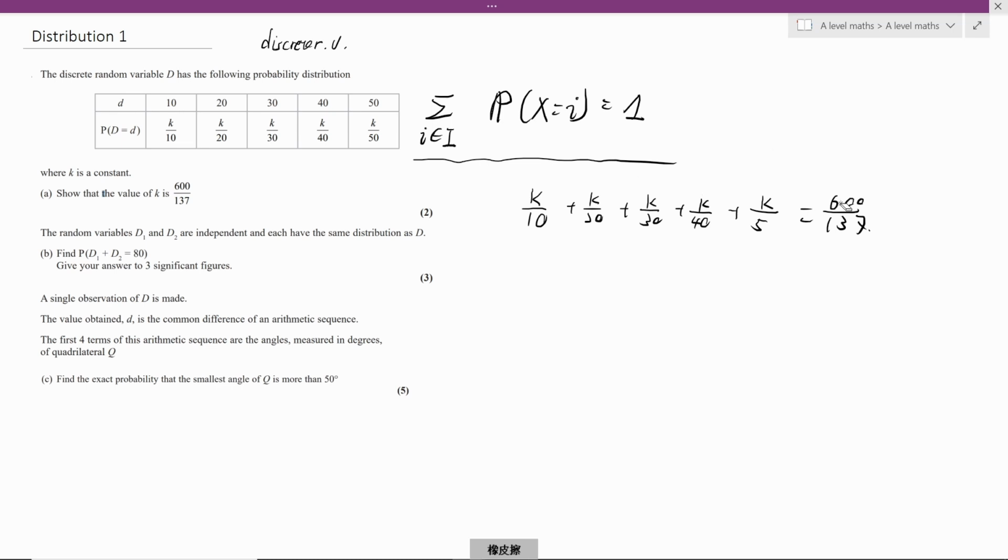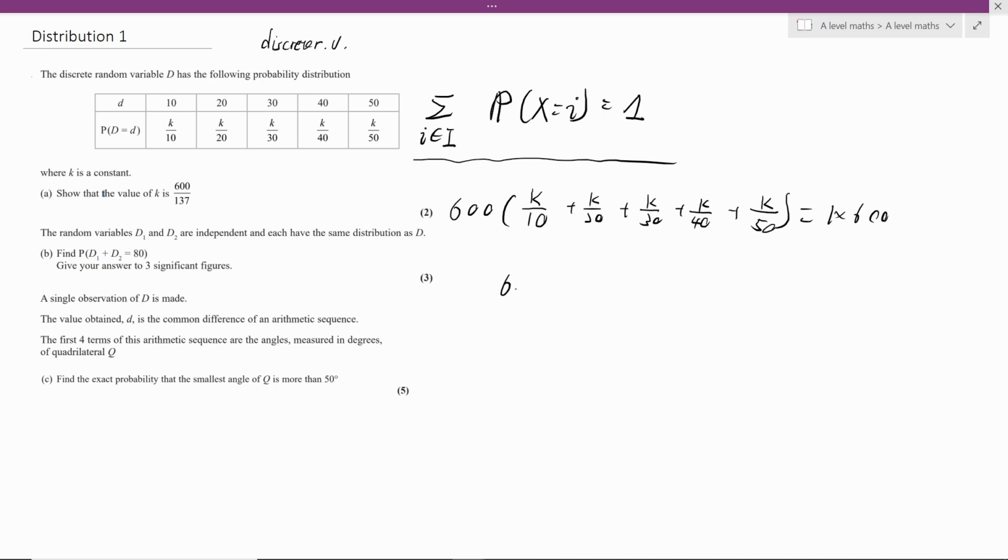And what do you think might be helpful here? Because we're summing all those fractions, we're going to put them under a common denominator. In this case, it should be about 600. Let's just multiply by 600 on both sides and see what happens.